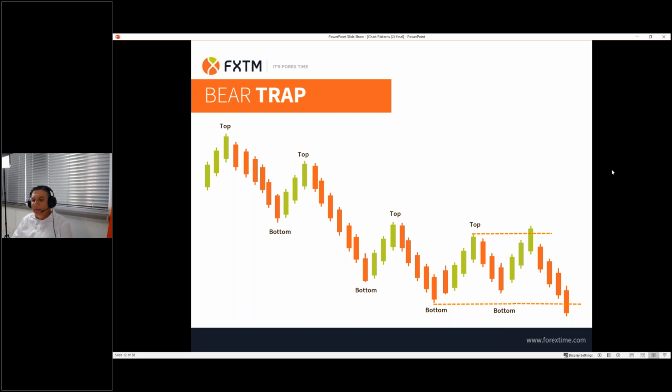Very simply, when we enter the market with a buy order, for example, you buy here, yes, the probability is that prices will go higher, but is it 100% sure that prices will move higher? Of course not.